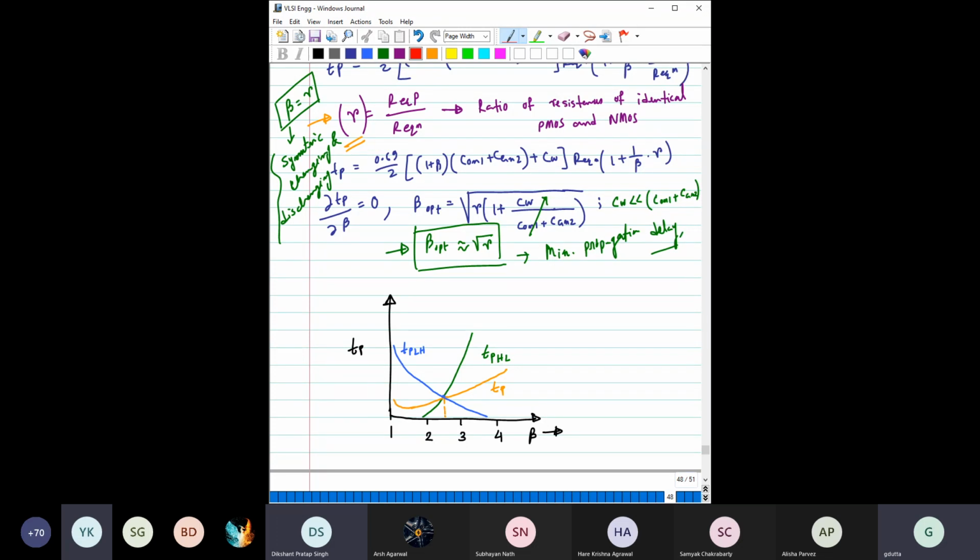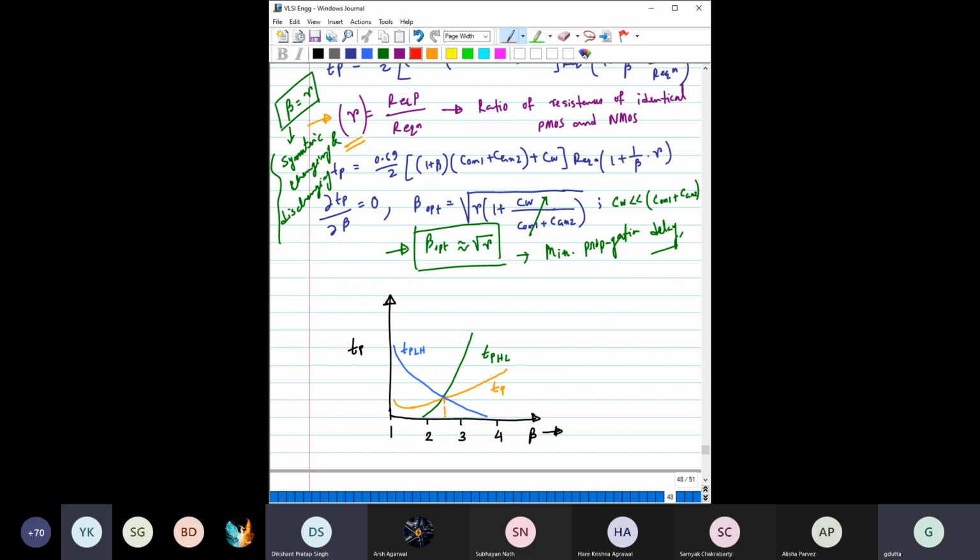That basically gives one ideal condition, an ideal understanding of how this particular gate behaves. Suppose TPHL is greater than TPLH, but TP would be less than TPHL because it's an average. So it hasn't decreased from high to low if we consider TP. Shouldn't we consider the maximum of the two?